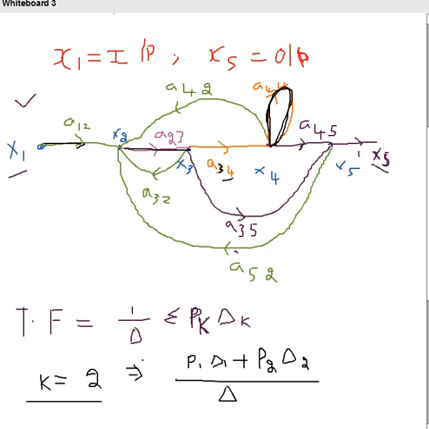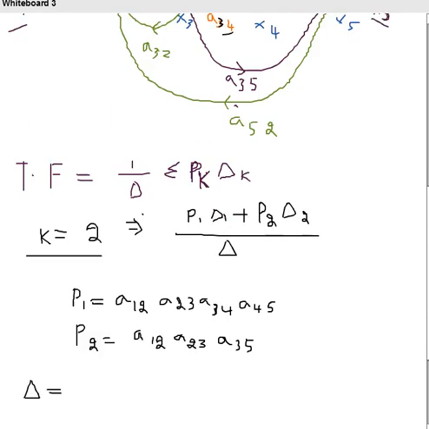See, A23, A35 and A52. I started at X2: A23, A35, A52. This is also one loop. Any doubt? Okay.